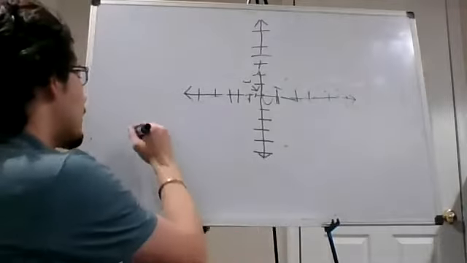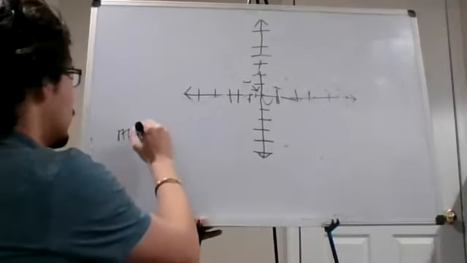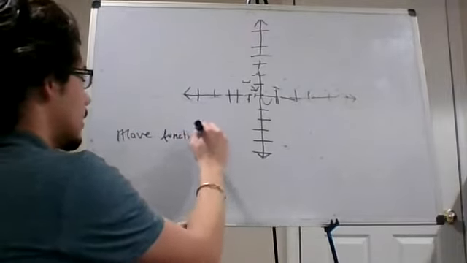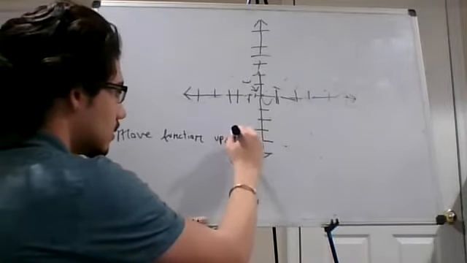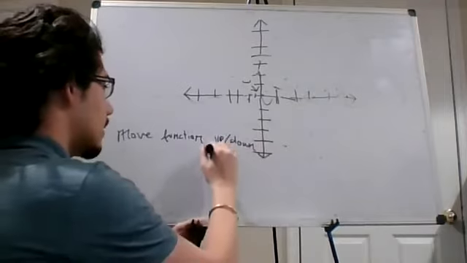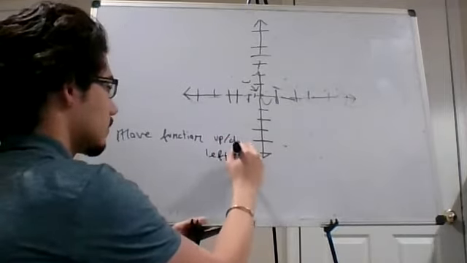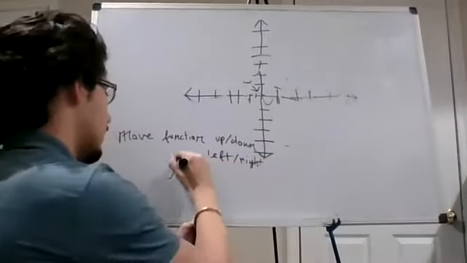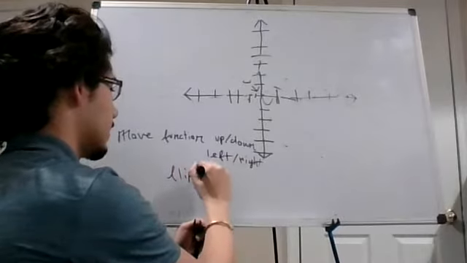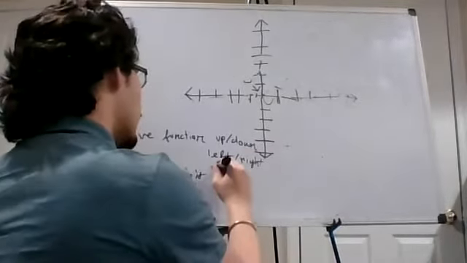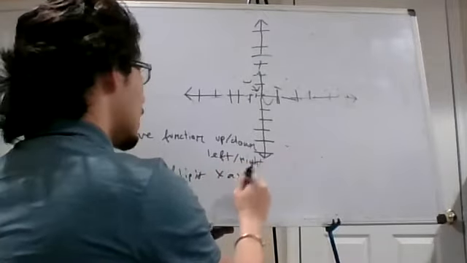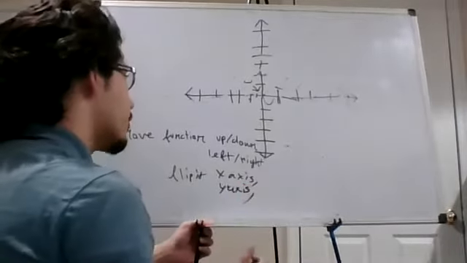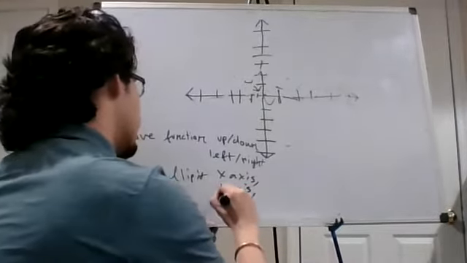What happens when you move a function up and down, left, right, and when you flip it over the x-axis, the y-axis, and when you inverse a graph.